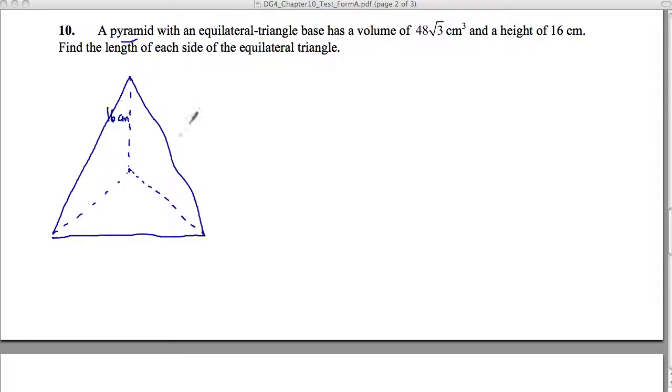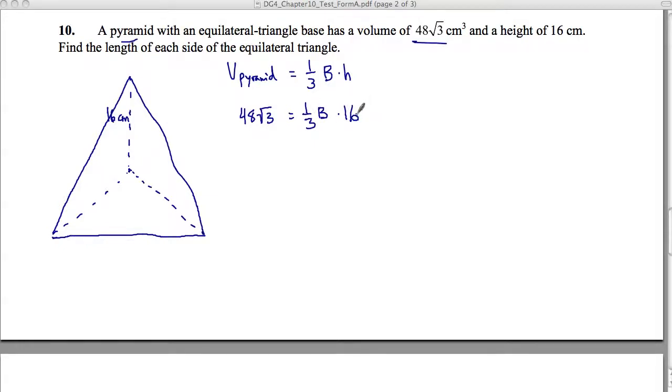All right, so let's go ahead and write out our equation for this pyramid. The volume of a pyramid is 1/3 big B, or area of the base, times the height. But we're given the volume of the pyramid. It's 48 square root 3, so we can substitute that in. 48 square root 3 is equal to 1/3 area of the base, and we're given that in this situation the height is 16.